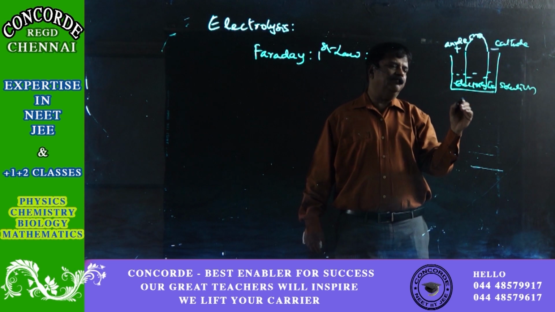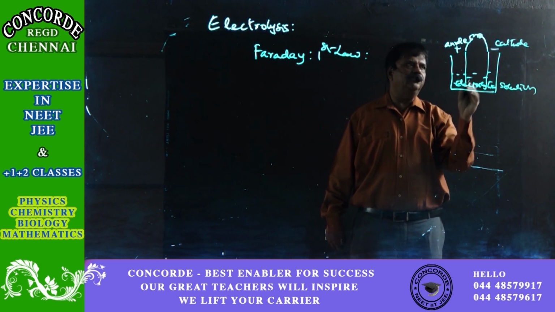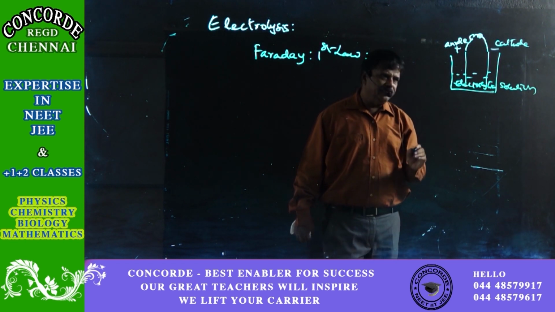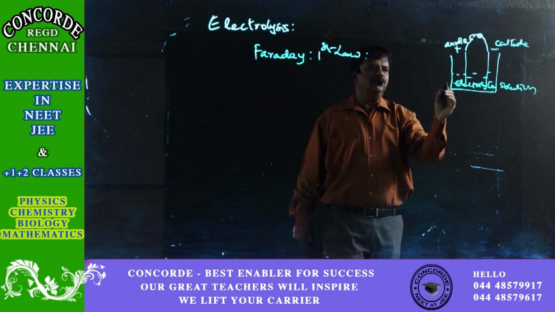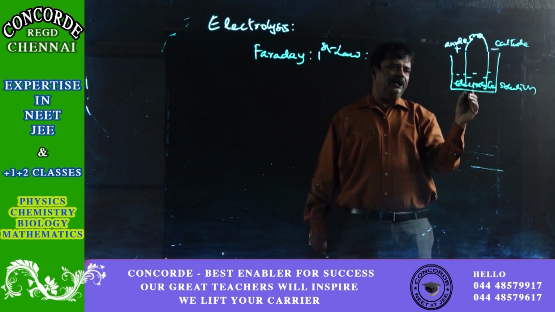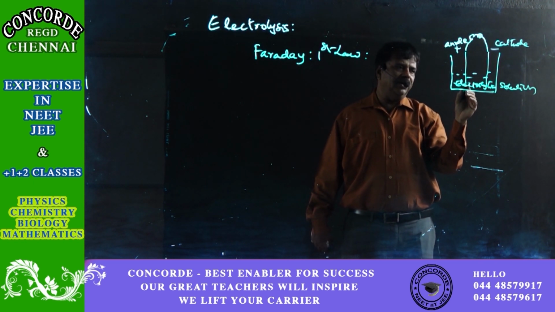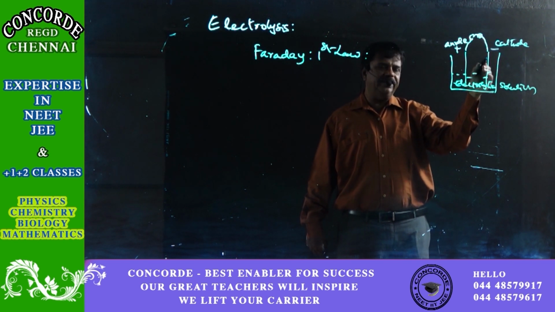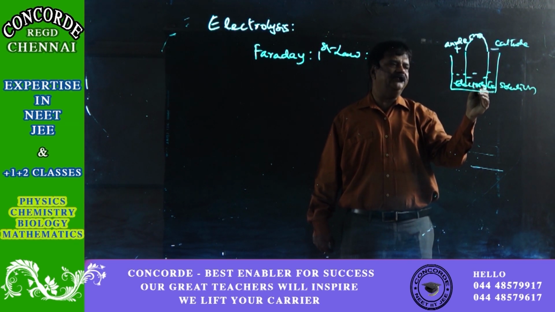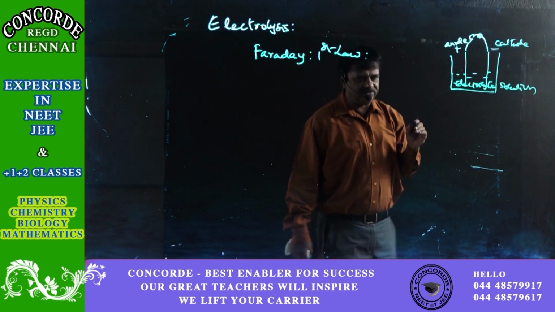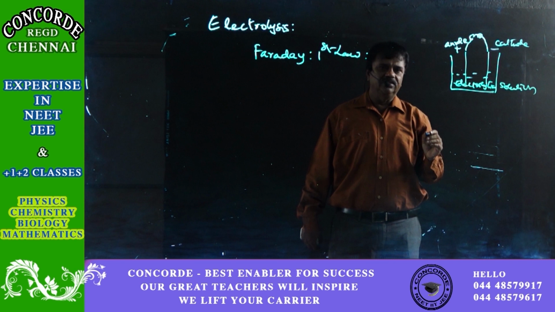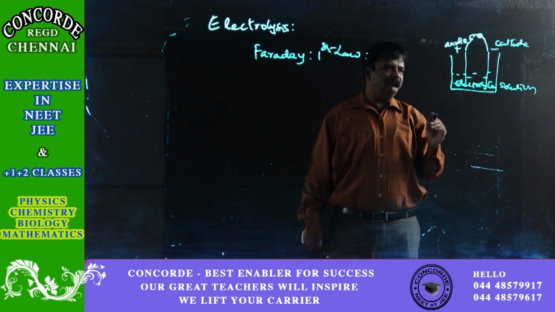The positive ion, that is the cation, moves towards the cathode and the anion moves towards the anode. These things you know. Once this is happening, some quantity of the electrode itself is getting converted to electrolytic solution, so the reaction is carried out continuously without changing the electrolytic solution often.